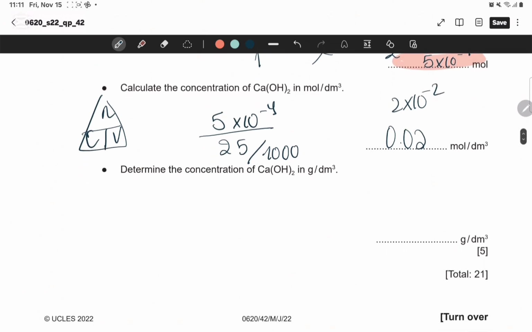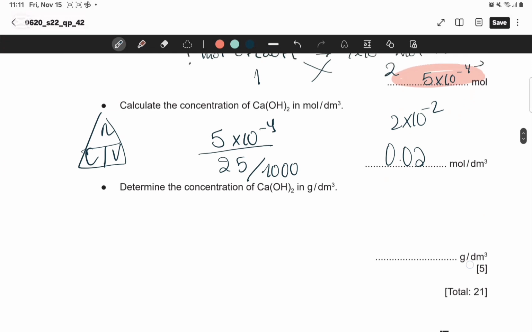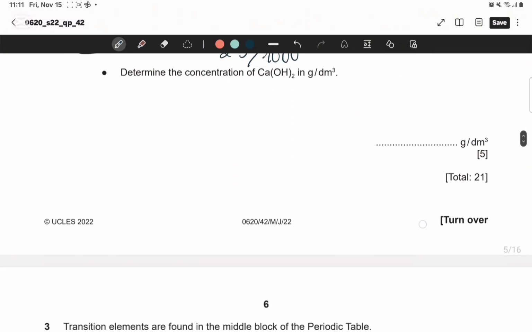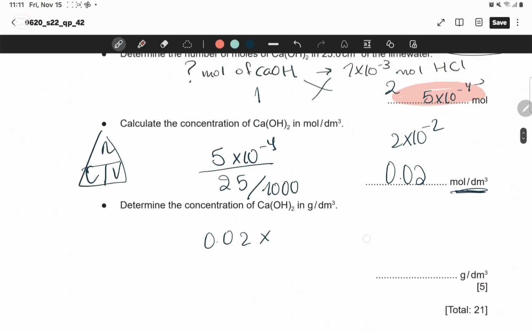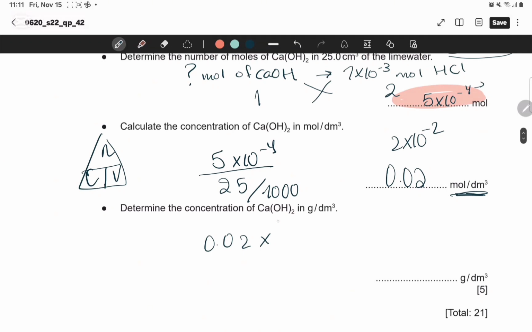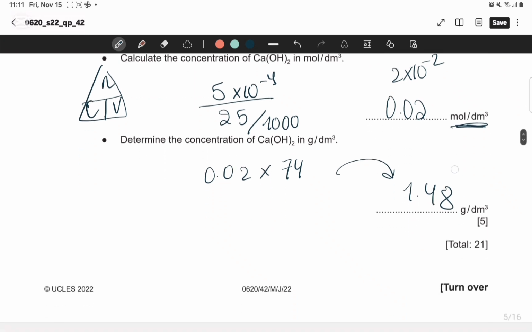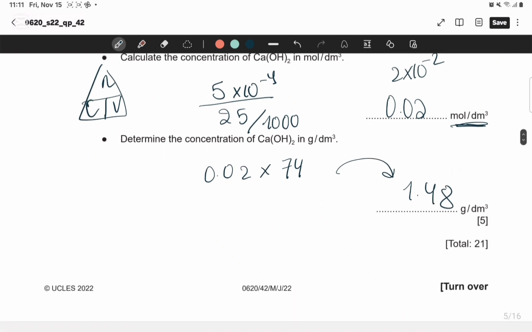Determine the concentration of Ca(OH)2 in grams per decimeters cubed. So there are two ways again. You can either do this number, 0.02, times the molar mass of Ca(OH)2, which is 74, and you get 1.48, or you can find the mass and then divide it by the volume.